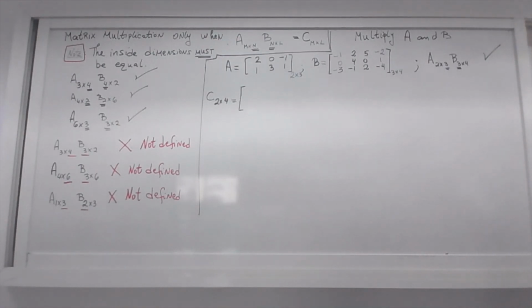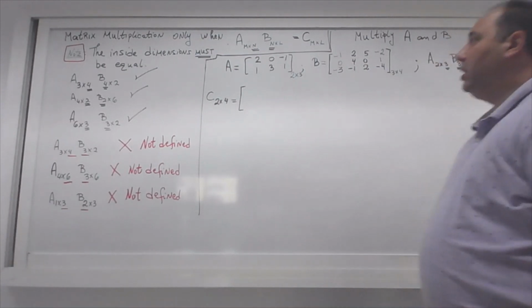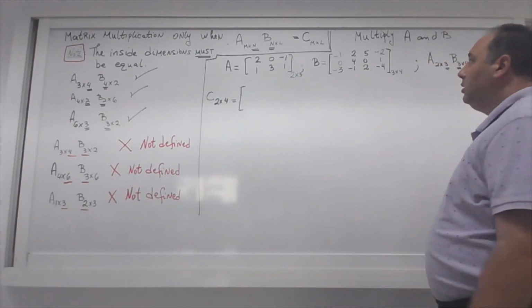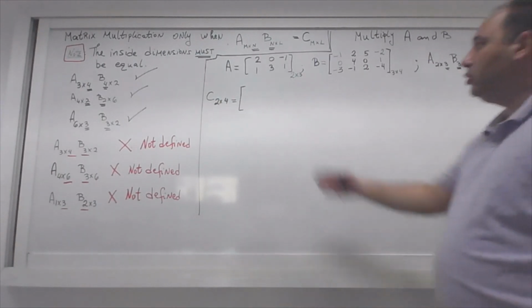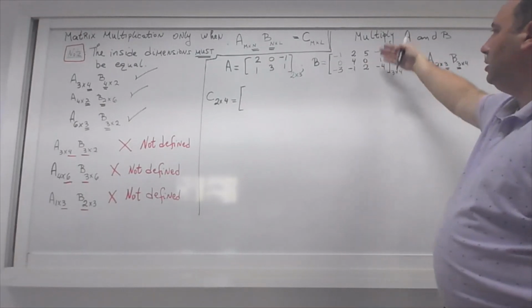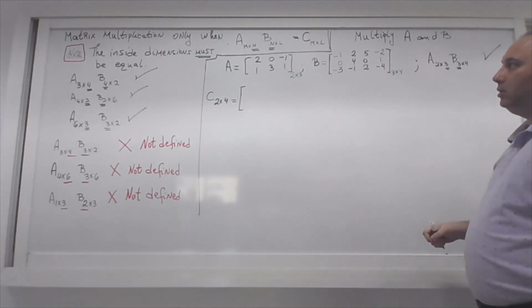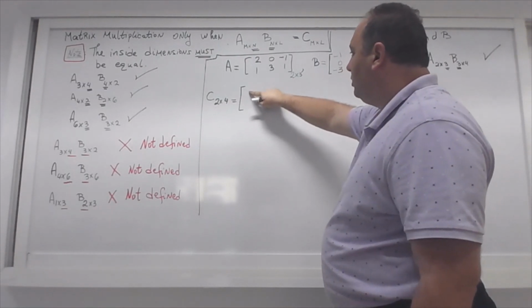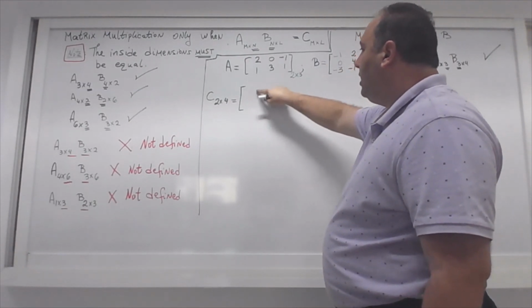You can see this as actually performing a dot product between rows and columns. So rows of A dot product with columns of B. So that's one way of seeing it. The idea is pretty much to fill in the matrix here.